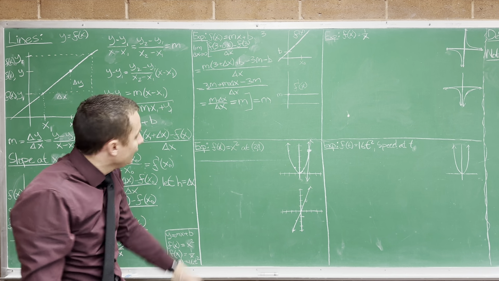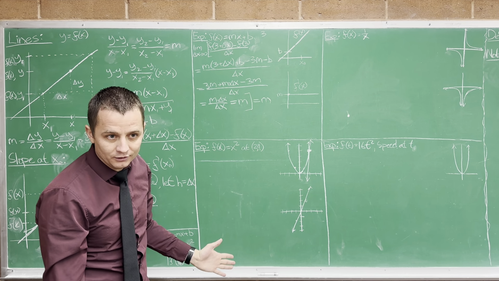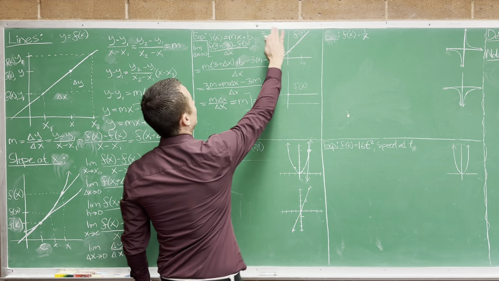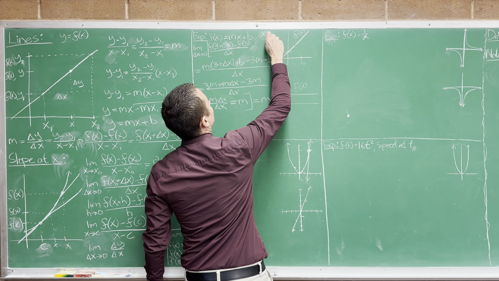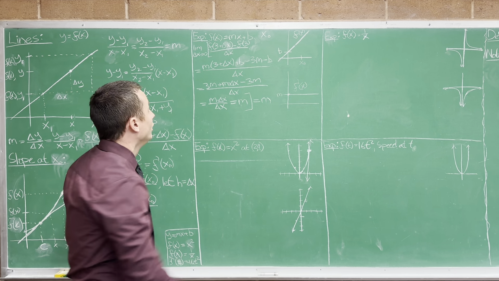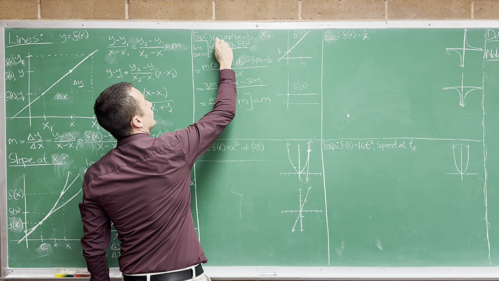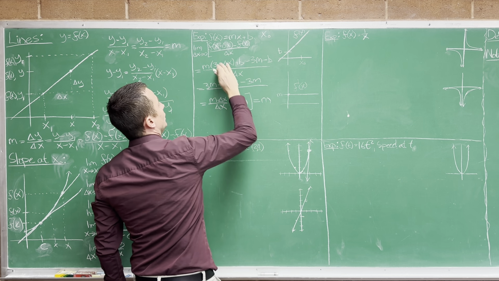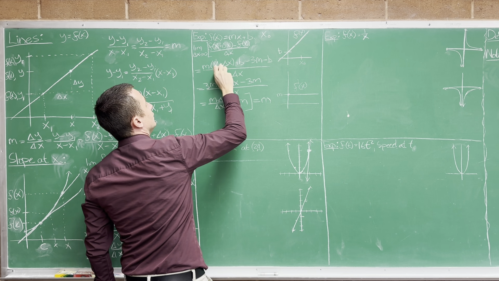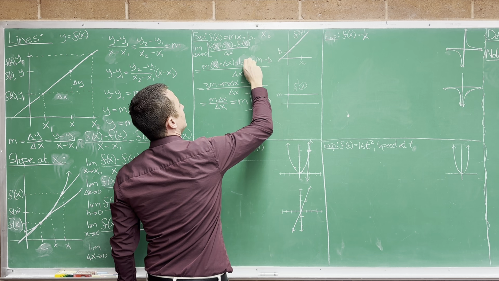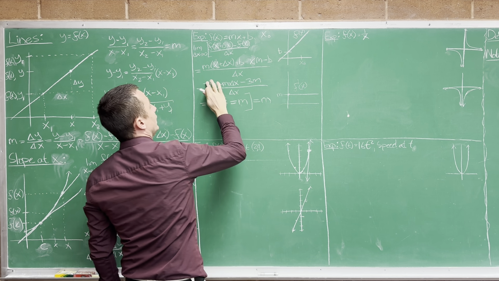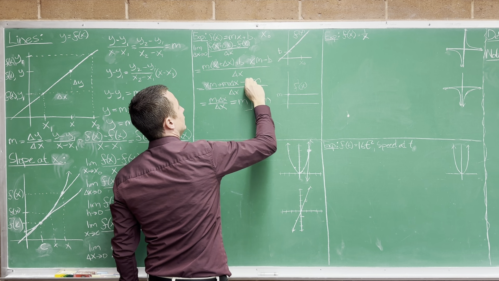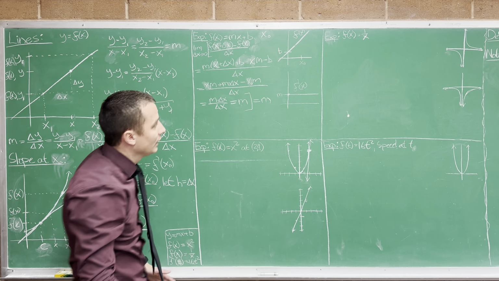Now notice that 3 didn't even end up mattering here. It's completely gone from our answer. So in general, if I would have said at some point x naught, any number, then we would have had x naught here, here, and here, and they all cancel out.